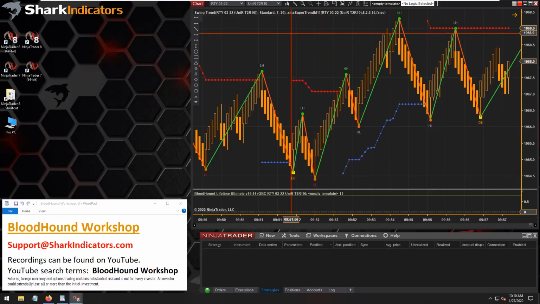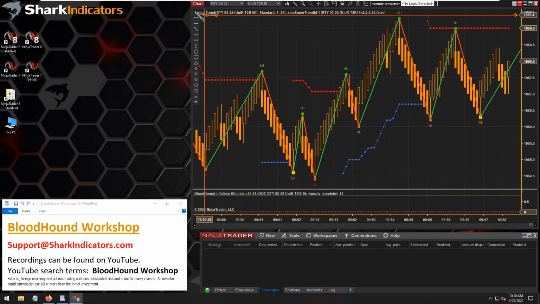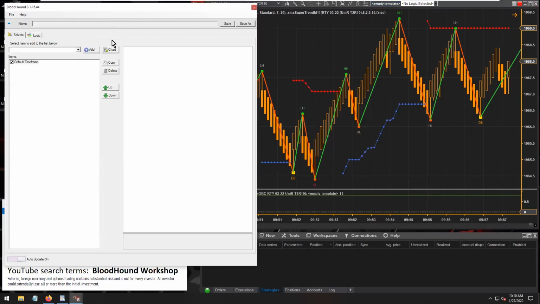All right, and then the other indicator is the swing trend, which comes with the Shark indicators installer. So let's open up BloodHound and get things started. First thing we need to do is put a file name in here so our work is saved to a file.